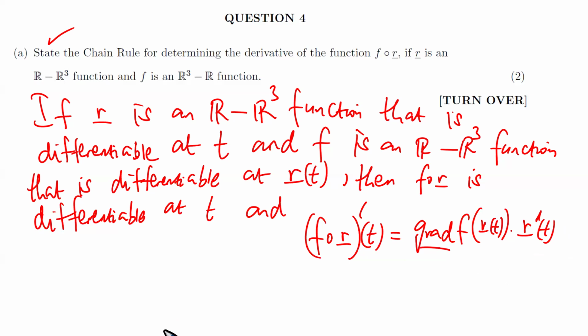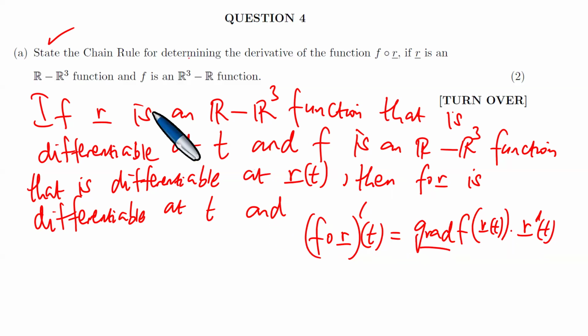Now, if r is an R to R3 function that is differentiable at t, and f is an R3 to R function that is differentiable at r of t, then the composition of the two functions f and r is differentiable at t, and this is the derivative.